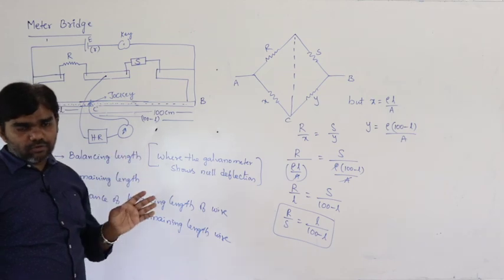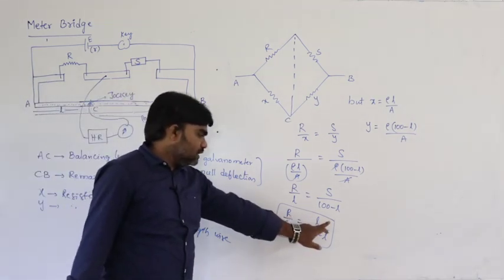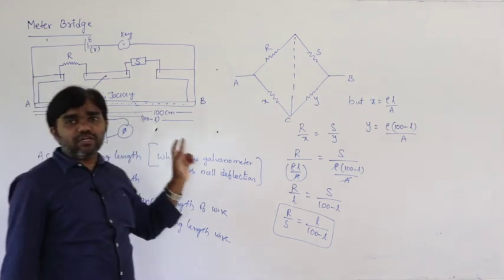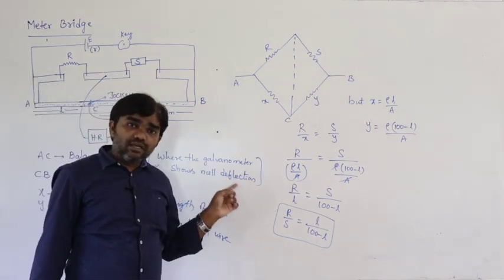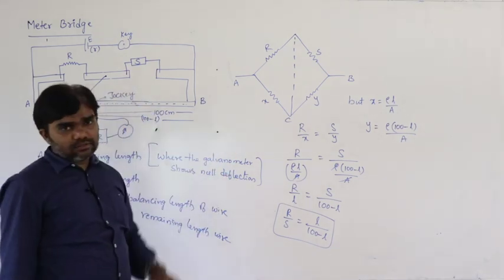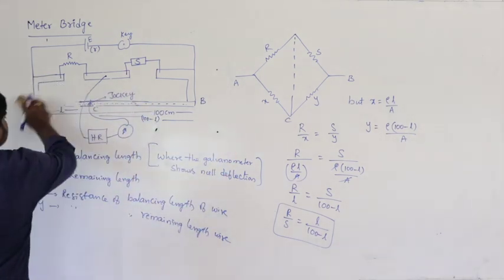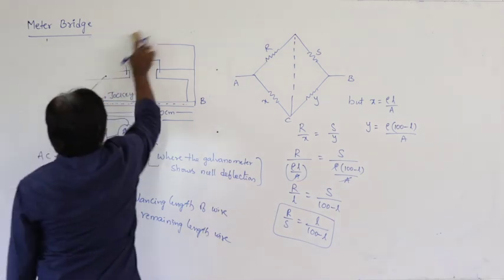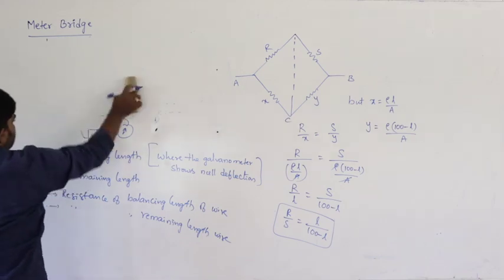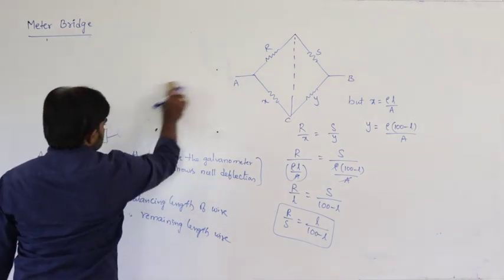That's very, very important. And the remaining length is the rest. So this is the balancing condition of the Wheatstone's bridge. Simple formula, only one formula this is.